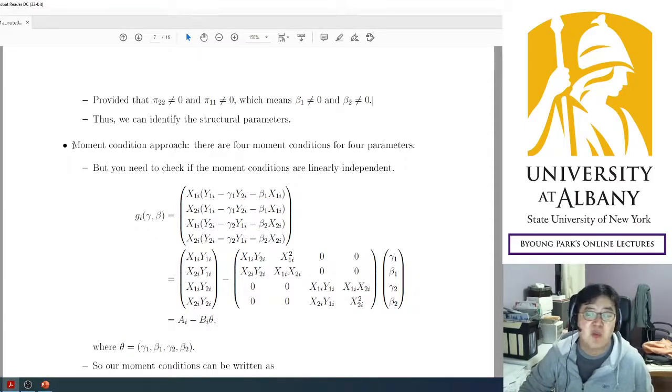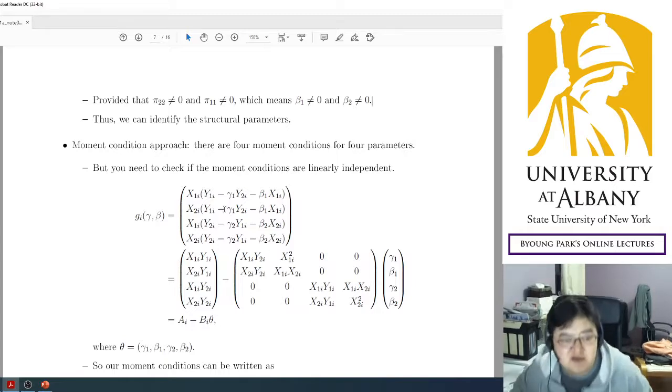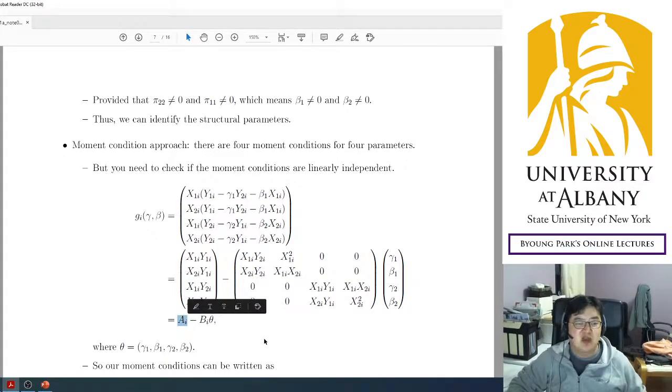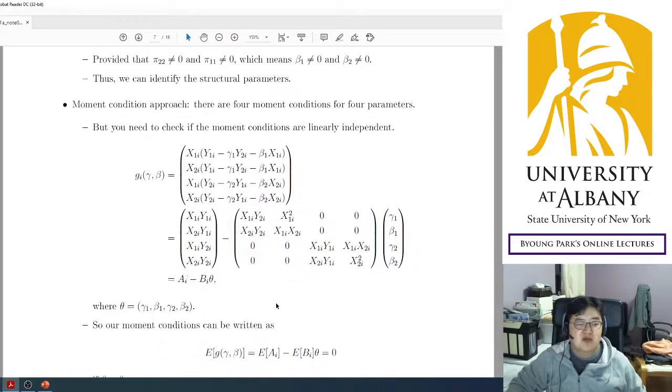If you use the moment condition approach, it can be written this way. There are 4 moment restrictions, and it looks like a huge matrix, but you can simplify it this way. So intercept and parameters and matrix. Theta is a column vector of these 4 parameters, and the matrix can be written in this way.